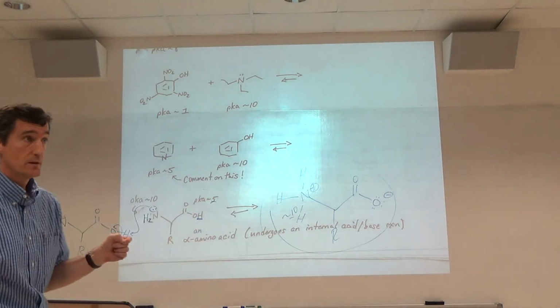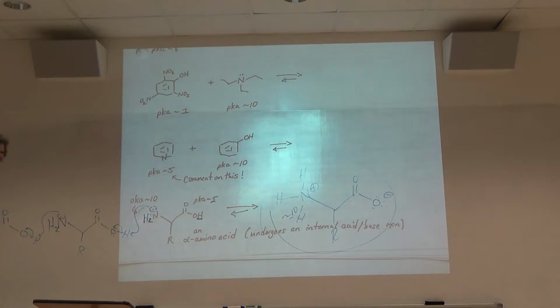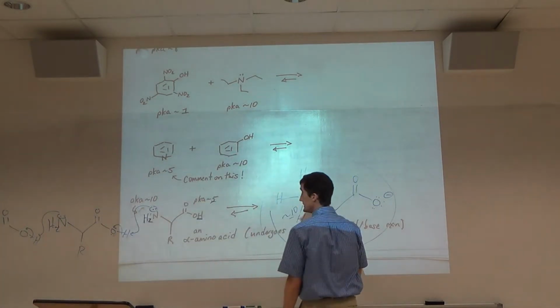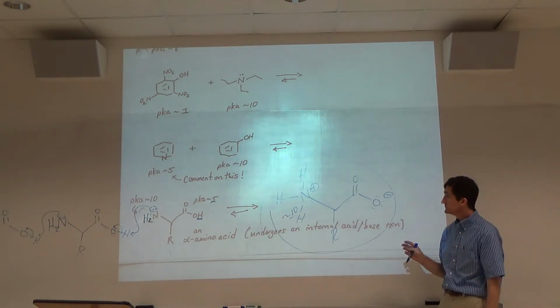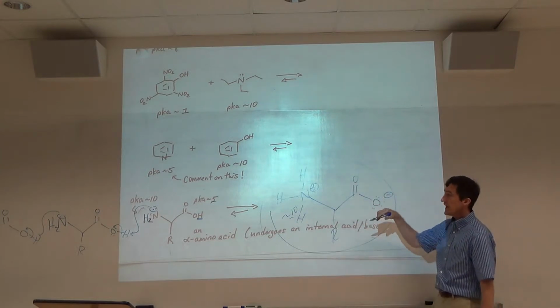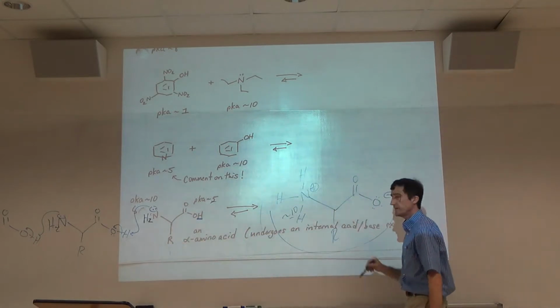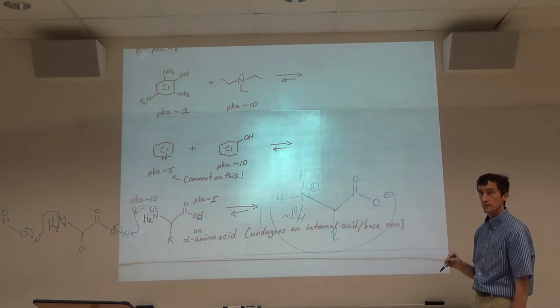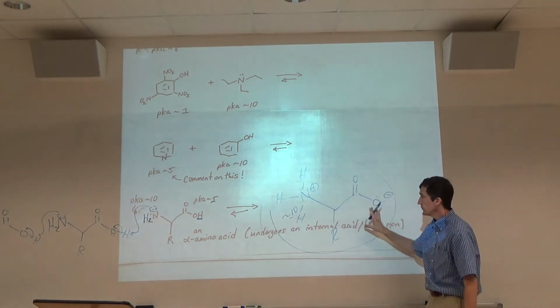Amino acids exist as the two-charged form, especially at standard neutral pH. This is how they usually exist. Now, in the textbook, you'll see them drawn like this. But that's how they exist in neutral pH. We will do some where the pH changes and it will exist in different forms.